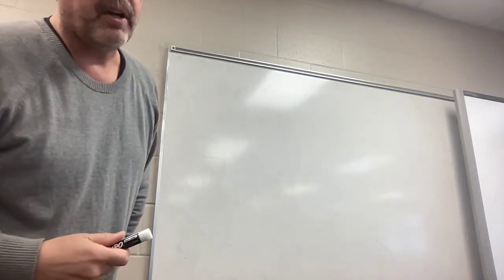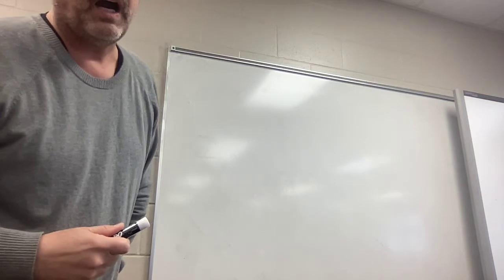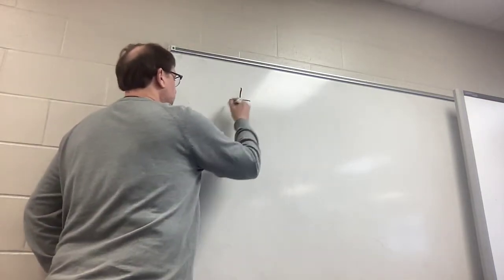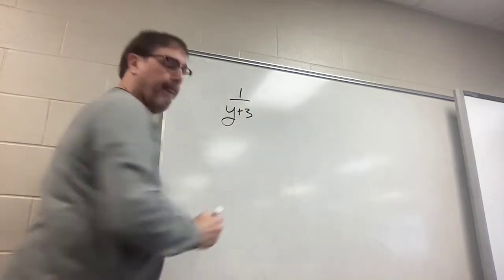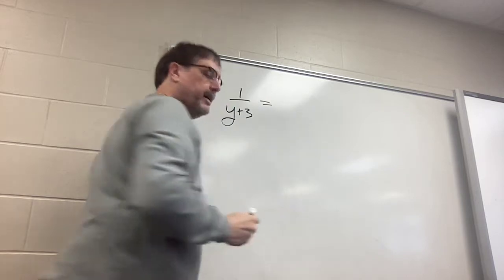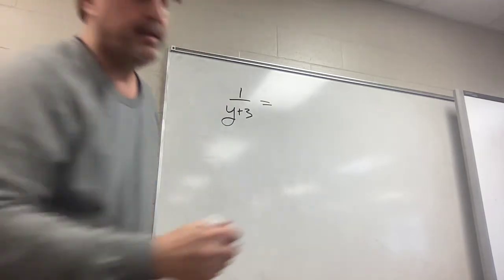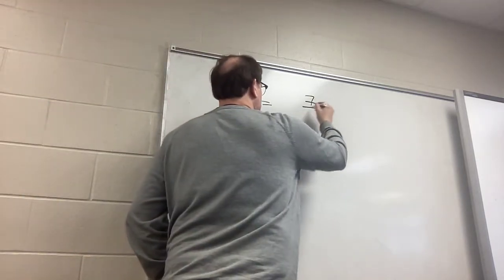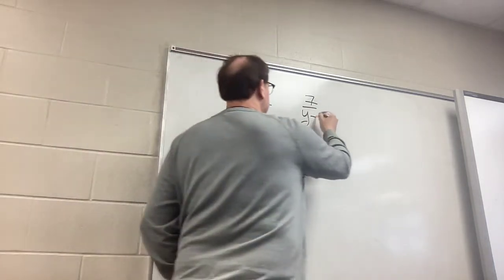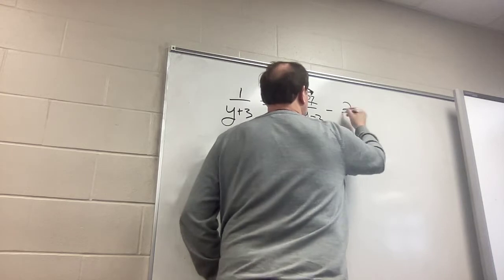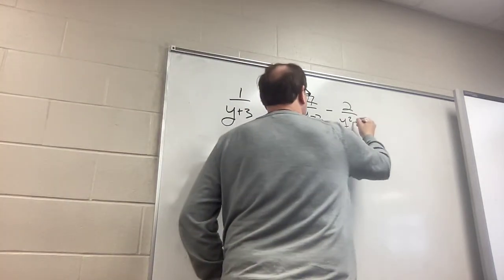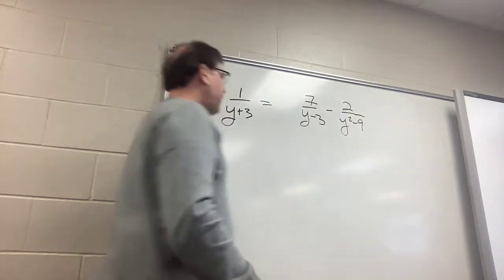So I'm going to look at problem I. 1 over y plus 3 equals, hint, leave some room, 7 over y minus 3 minus 2 over y squared minus 9.